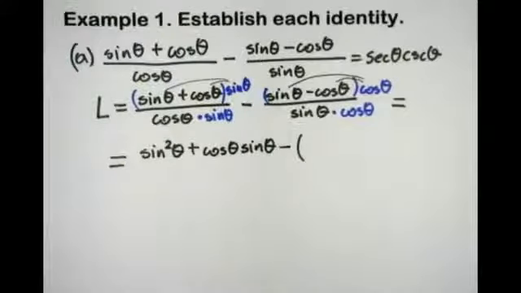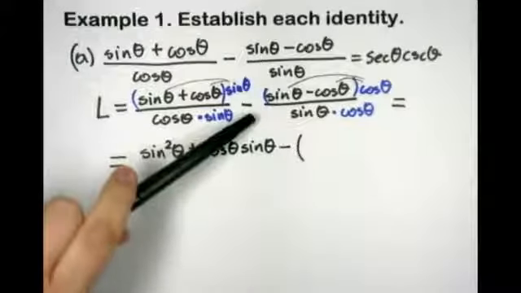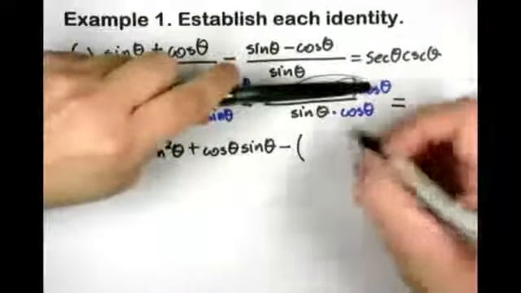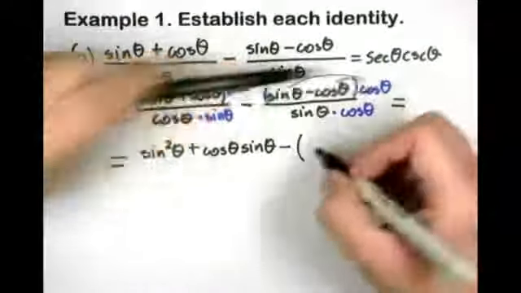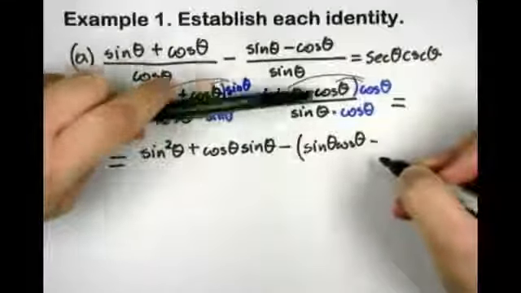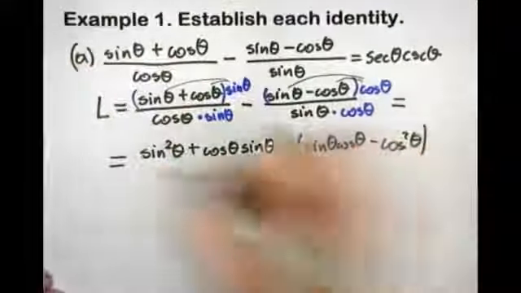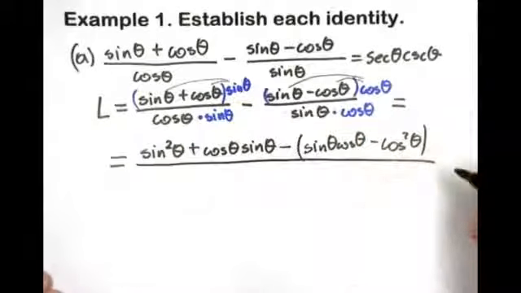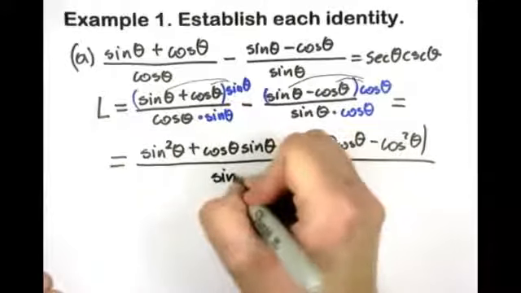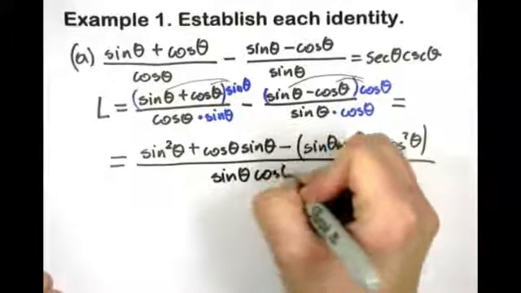If you are not distributing the cos and the minus, that means you put the bracket. So now we have sine times cos is just sine cos. And then we have minus cos times cos is cos square theta. And everything over the common denominator, which is sine times cos theta.